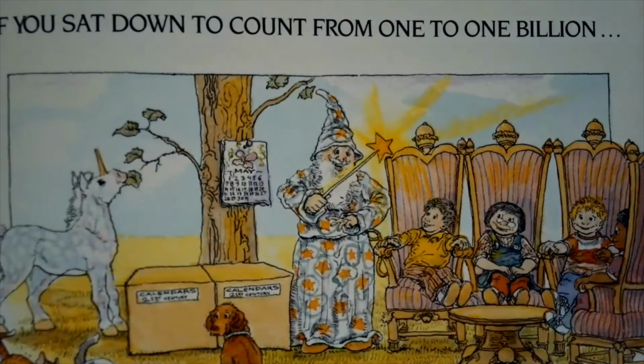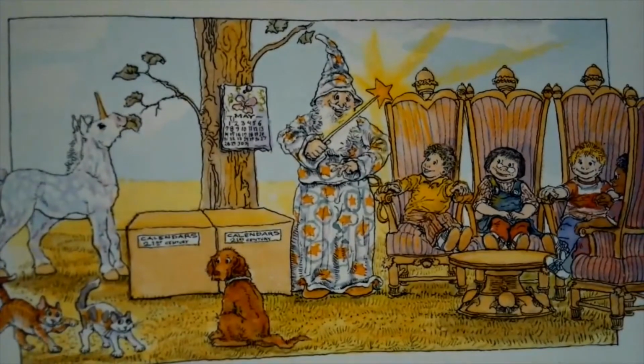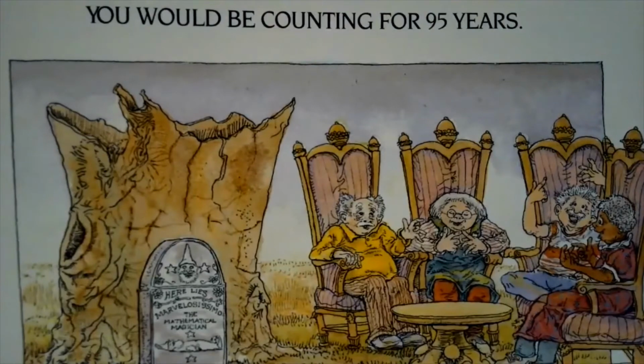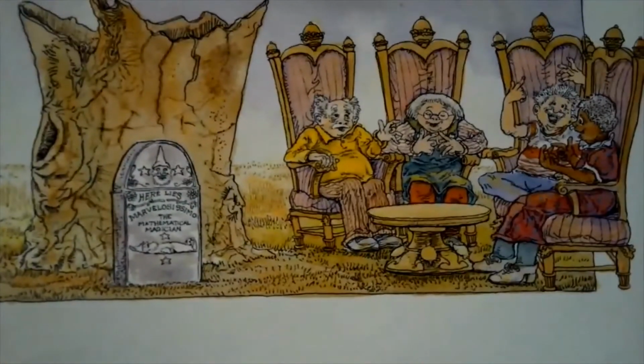If you sat down to count from 1 to 1,000,000,000, you would be counting for 95 years.